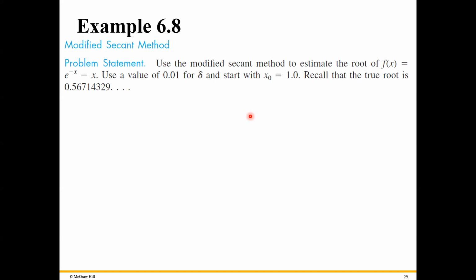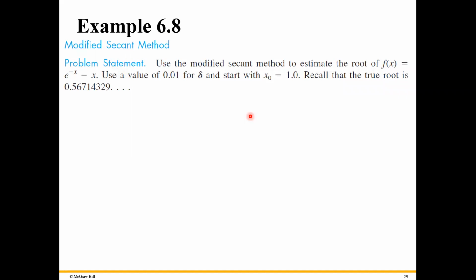So we can modify this method a little bit by some clever trick, and then we can improve the convergence of this method. That means if a method is not converging, we can make it converge by using these modifications. That's why it is called the modified secant method.